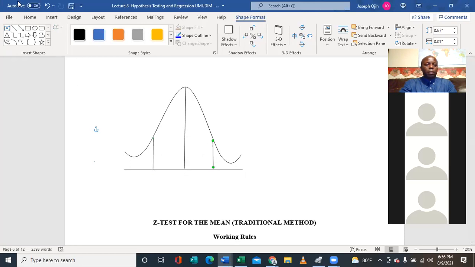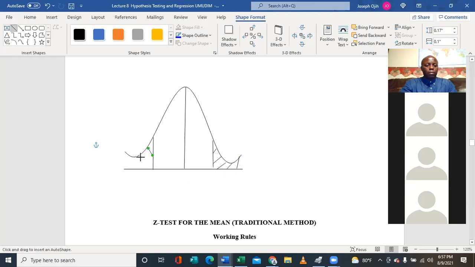It might be here, or right here. Or it can be on the left side.